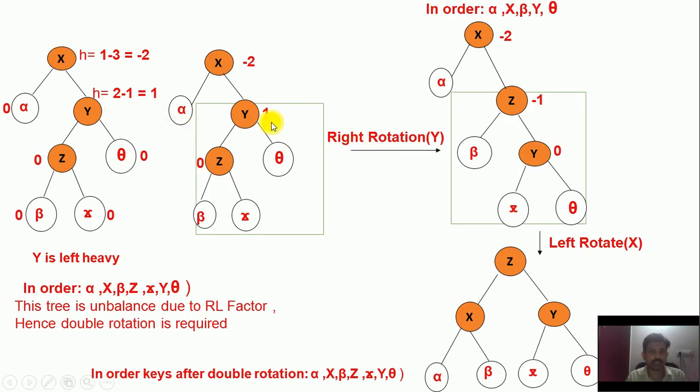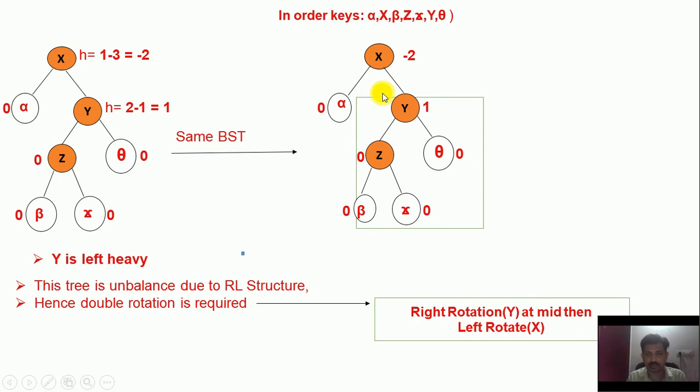So you can see that when we perform right rotation, please see the structure here in the previous slide. Because we have to perform right rotation, we will place this y node at the right side of this node z.